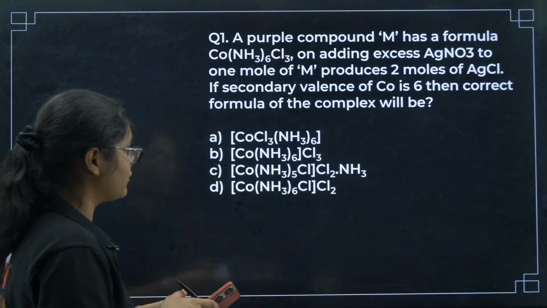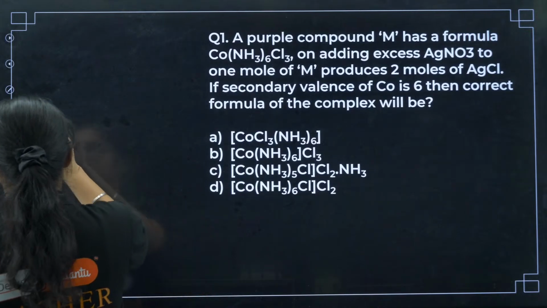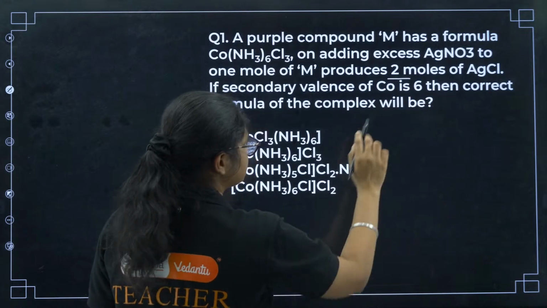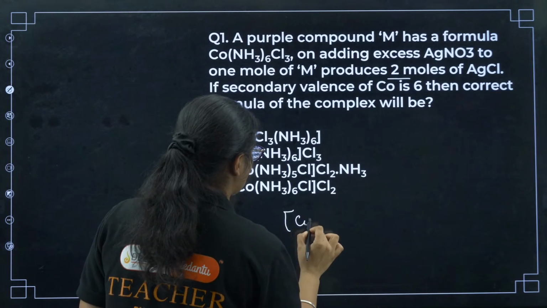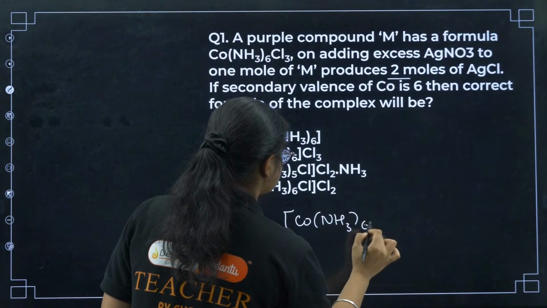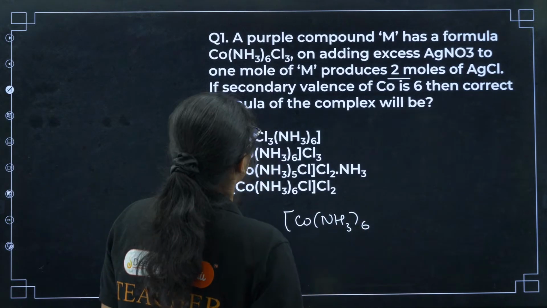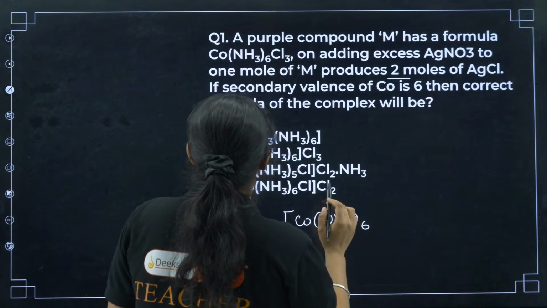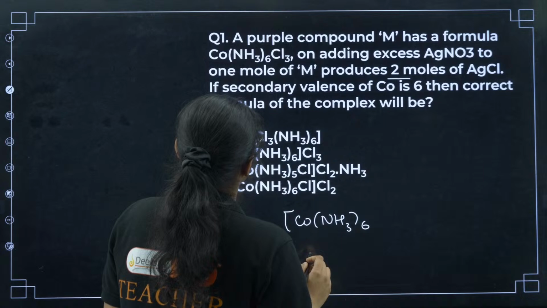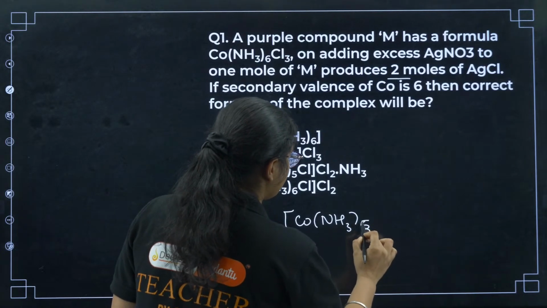So I have already got the answer for the first question. Those students who have answered, you can see you have 2 moles of AgCl, that means 2 chlorine has to be outside, and we have 6 NH3. So I will put 6 NH3 here. Yes, so no, we have 5 NH3 here.